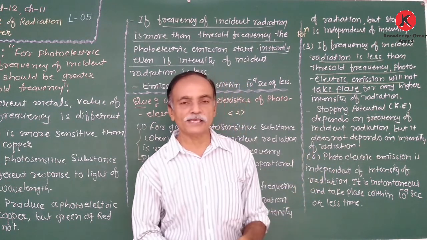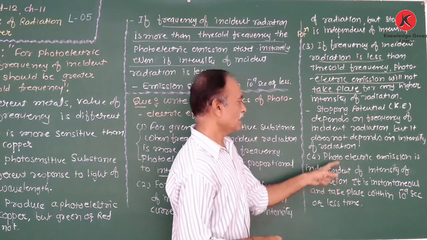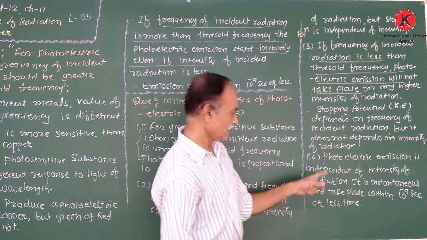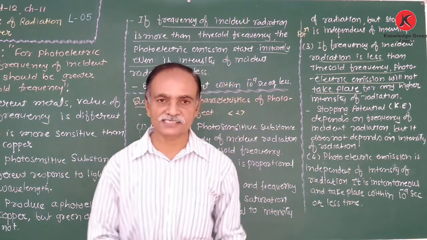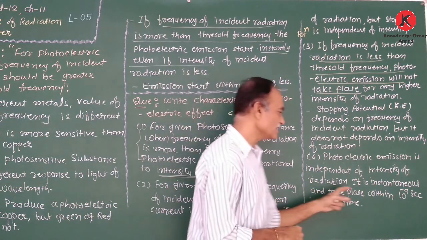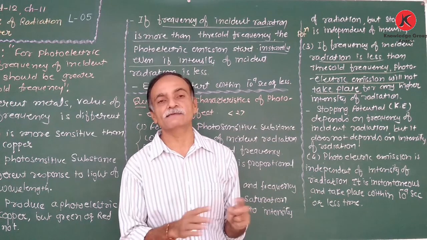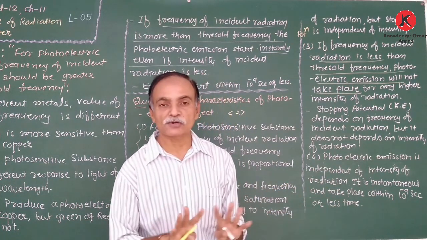Now, fourth and last, photoelectric emission is independent of intensity of radiation. It is instantaneous and takes place within 10⁻⁹ second or less interval of time. So photoelectric emission does not depend on intensity of light.